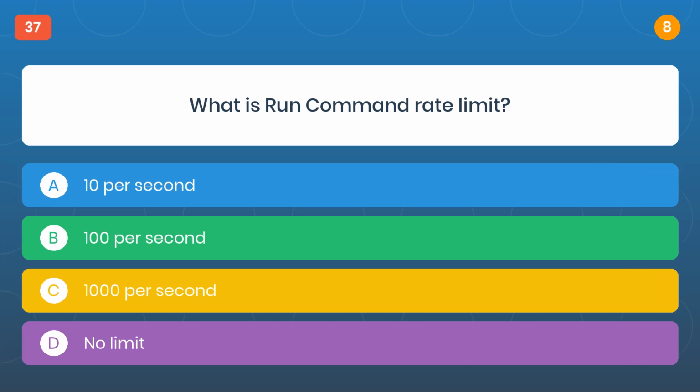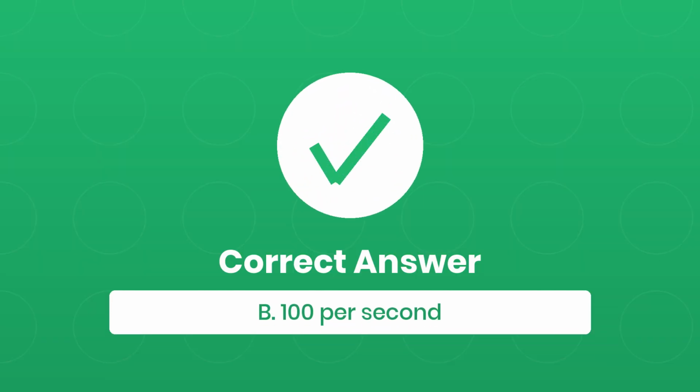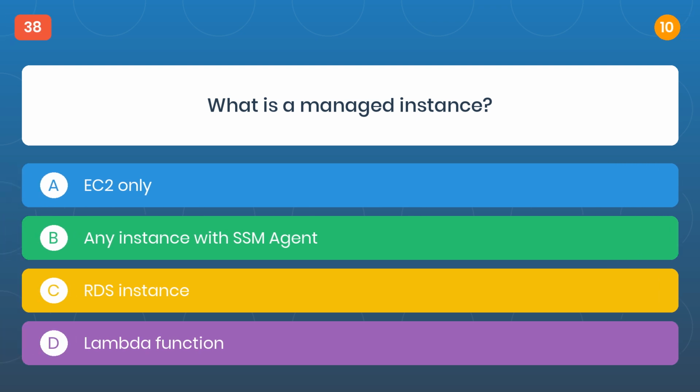Question 37. What is run command rate limit? The correct answer is B, 100 per second. Question 38. What is a managed instance?